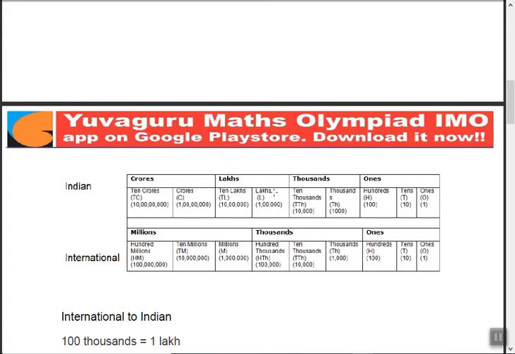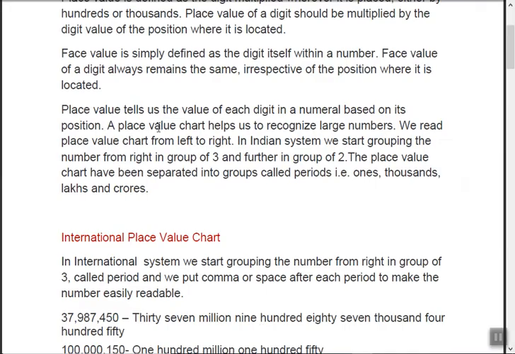Then lakhs and 10 lakhs. And then crores and 10 crores. Instead of following these darker ones, you can follow the lighter ones: ones, tens, hundreds, thousands, 10,000, lakh, 10 lakh, crore and 10 crore. So this is the Indian place value chart. A place value chart helps us to recognize large numbers.